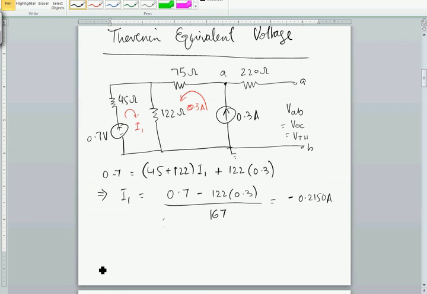Okay, all right, so let's see what will be the node voltage A. There can be different ways we can find the node voltage A. Any node voltage can be found by starting from ground, or a node that you know the voltage of.